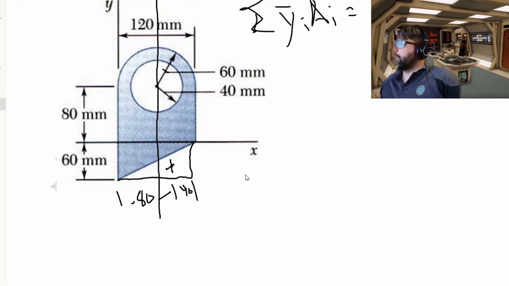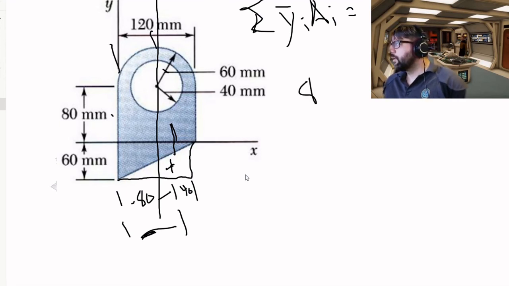So if we want to figure out what this distance is, that's just going to be this 80 minus half of our 120. So 80 minus 60 gives us our y bar relative to the new centered y-axis. So that's just going to be equal to 20.